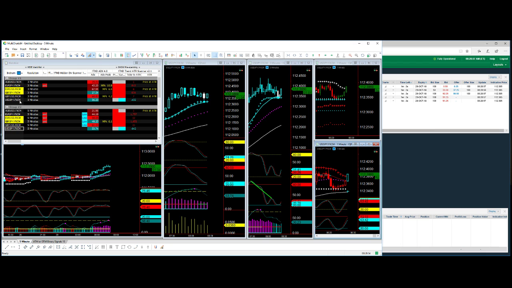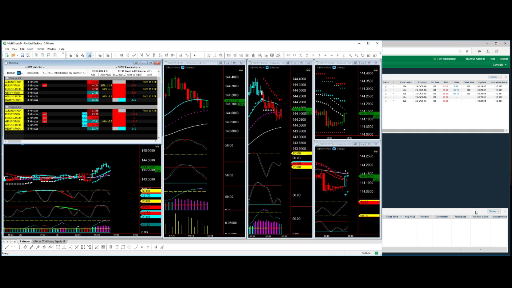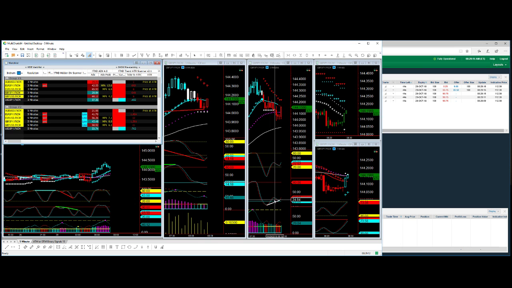The other one I've been trading a lot this morning has actually been the British pound yen. It does not double when the market opens. It stays at 5 pips. In this case, you can see that we've had trend divergence. You're making lower lows, but in the stochastics, you're making higher lows.